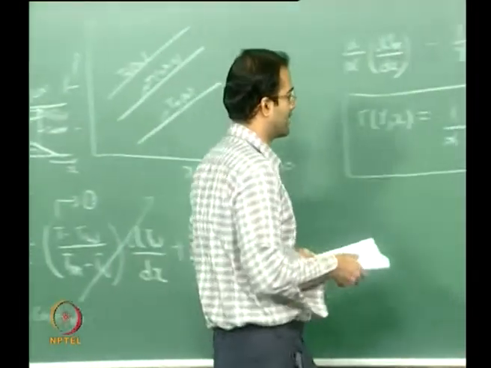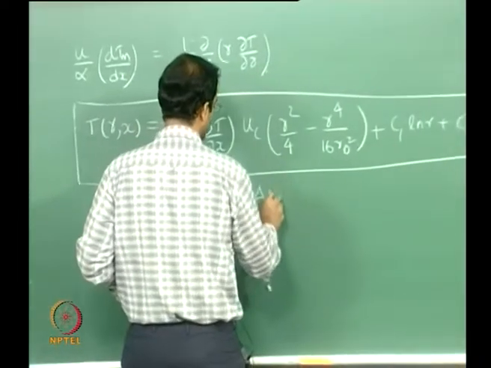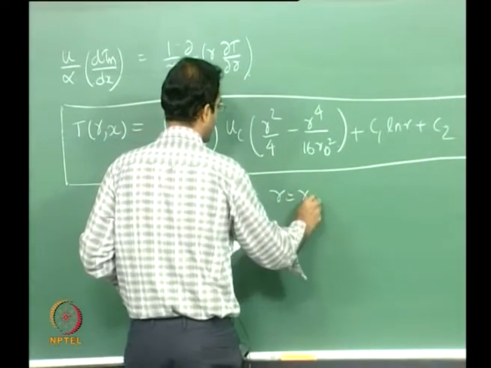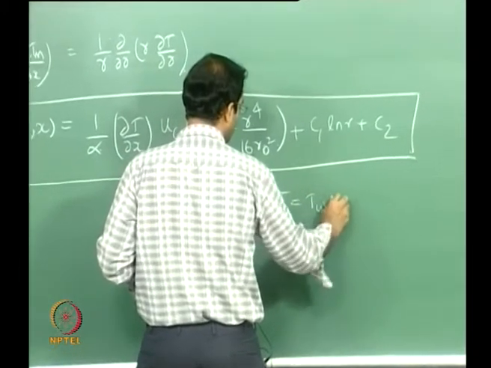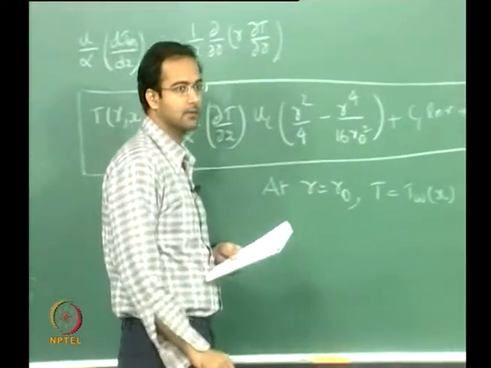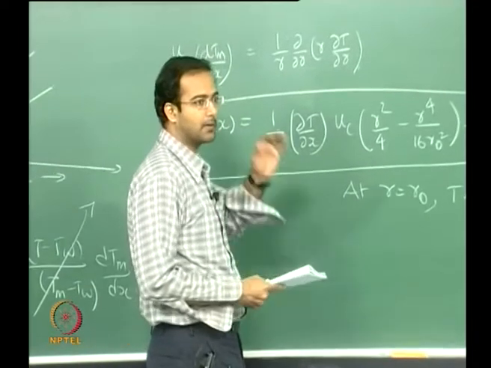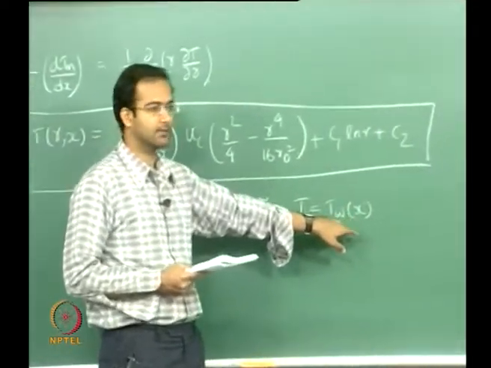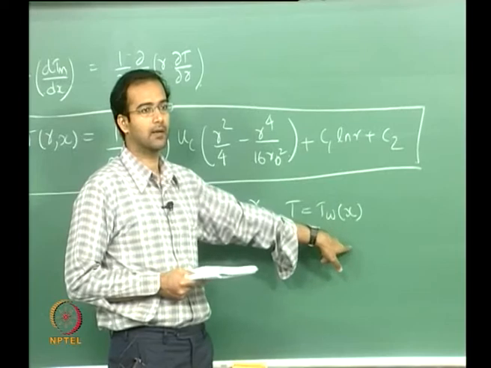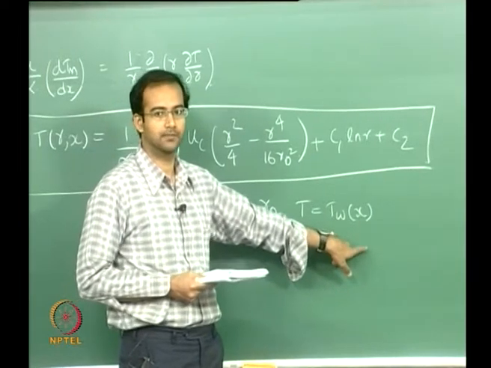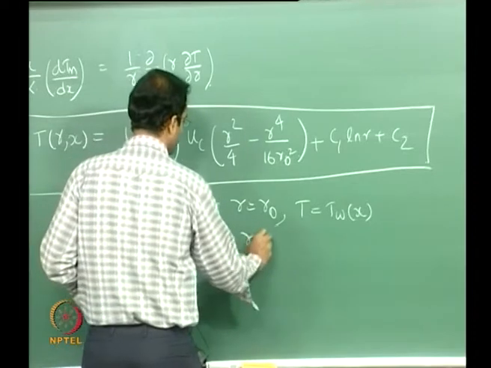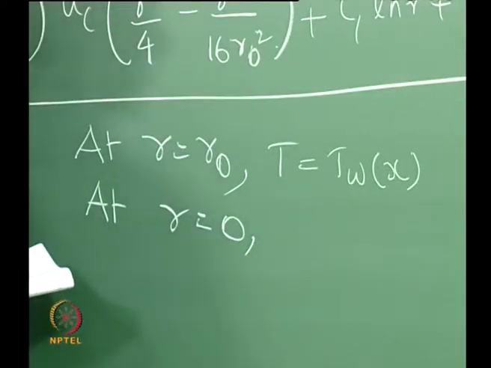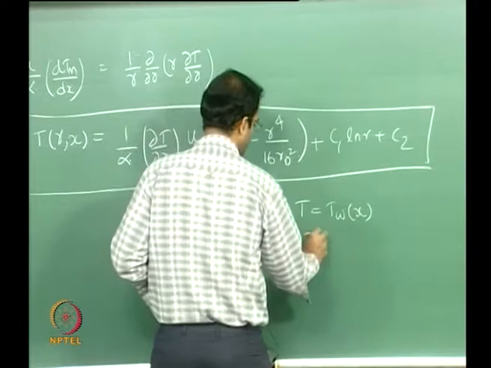At r equal to r₀, let us say the temperature is equal to some T_wall, of course, which is a function of x, okay. So if you want to apply at a particular axial location, there is a particular wall temperature which is a boundary condition, and at r equal to 0 the temperature has to be finite.